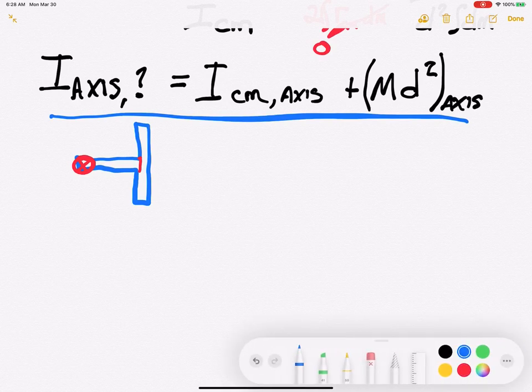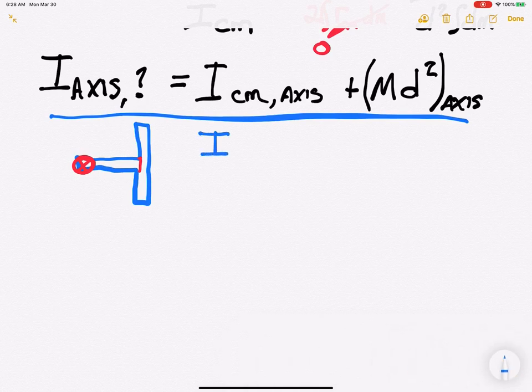So in this case, I know by looking at a table or looking it up on the internet that the I of a rod around its end is equal to 1/3 m l squared.